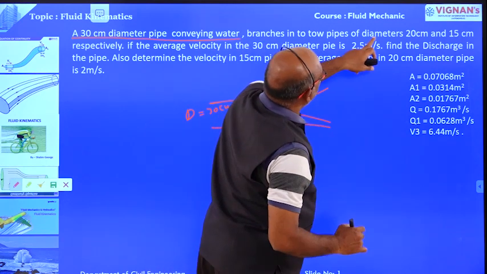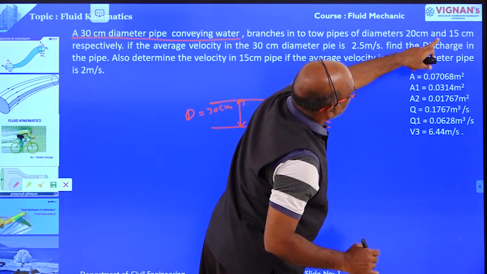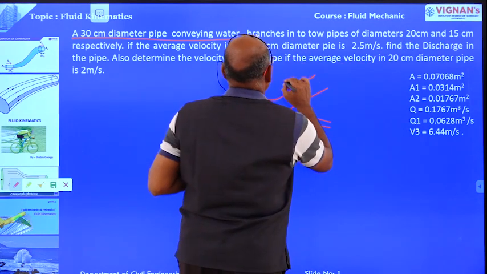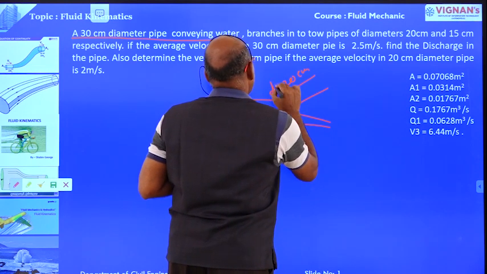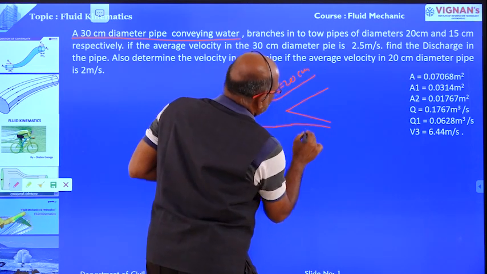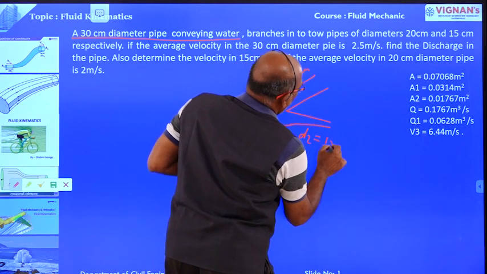The pipe divides into two diameters, 20 centimeters and 15 centimeters.